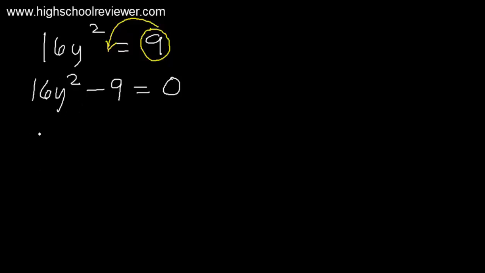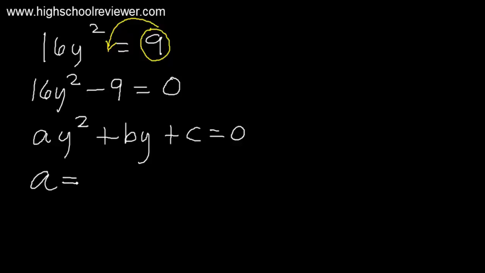Okay, so the quadratic equation is of the form ay squared plus by plus c equals 0. The a here will be the numerical coefficient of our first term, which is positive 16.